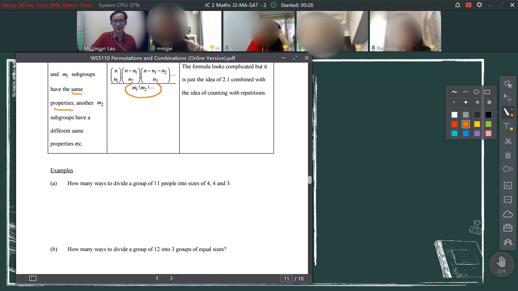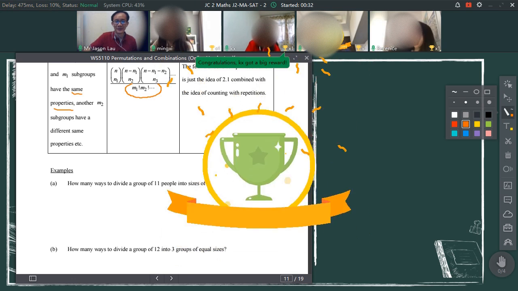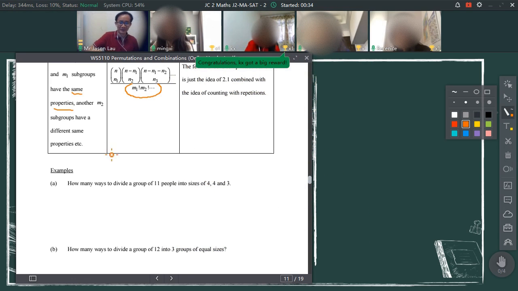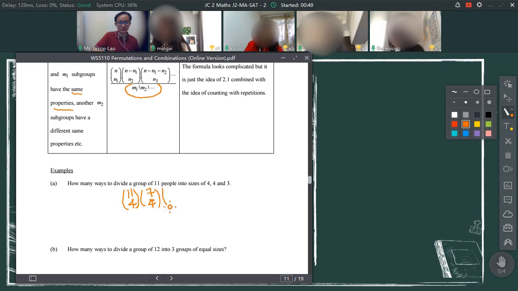Okay, let's start with Mingxi. How to divide? 11 choose 4, then 7 choose 4, and then 3 choose 3.